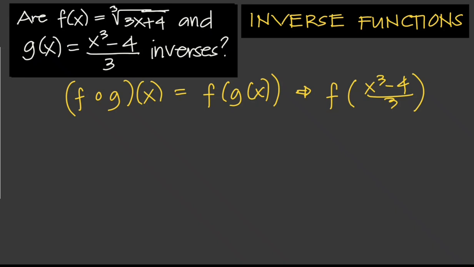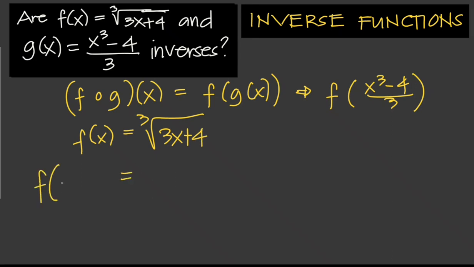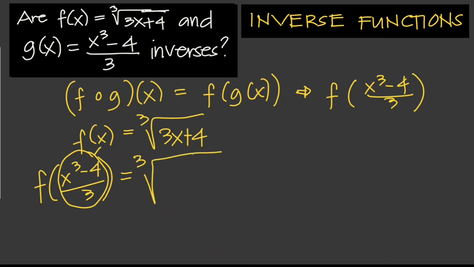Since our f of x is equal to the cube root of 3x plus 4, this expression here represents our x, so we just substitute it for the value of x. This would be the cube root of 3 times x cubed minus 4 over 3, plus 4. We divide out the 3's here, so this one cancels out.